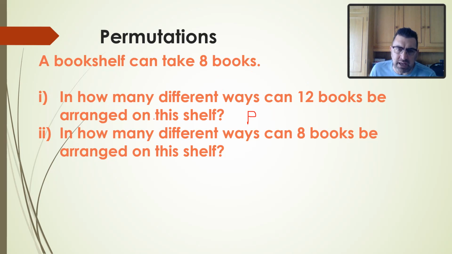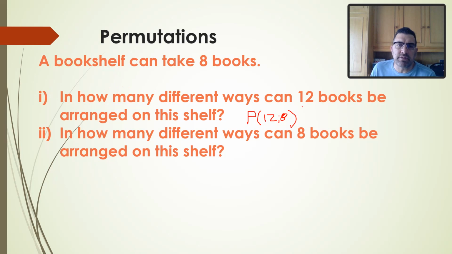So there's 12 books in total, and I want to choose 8. So 12 factorial divided by 12 minus 8, which is 4 factorial.